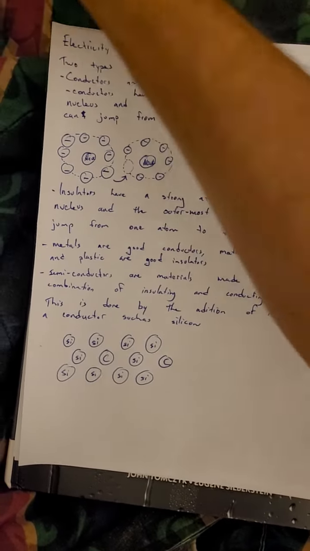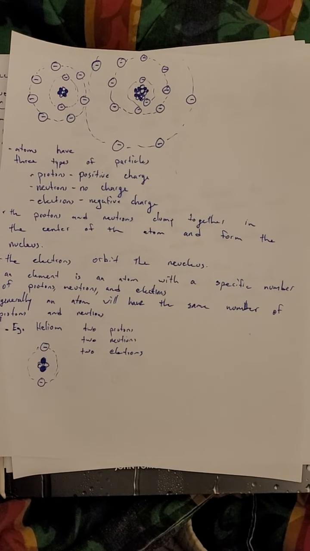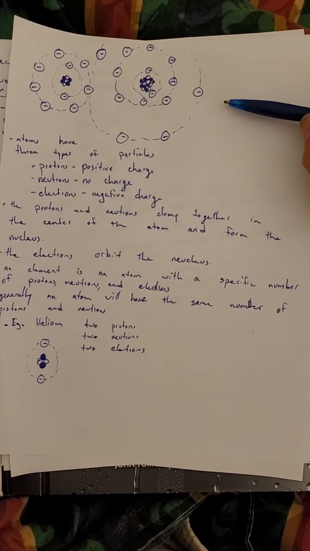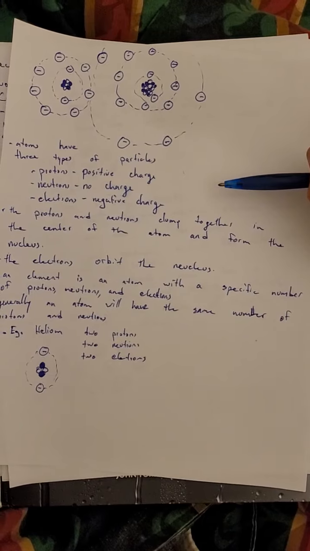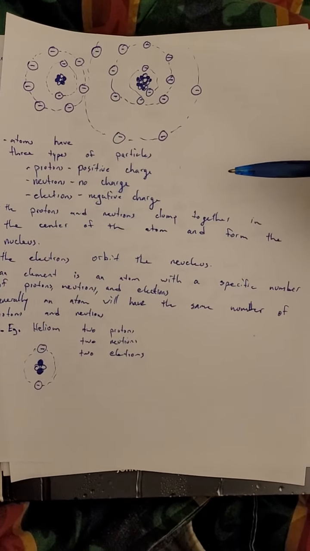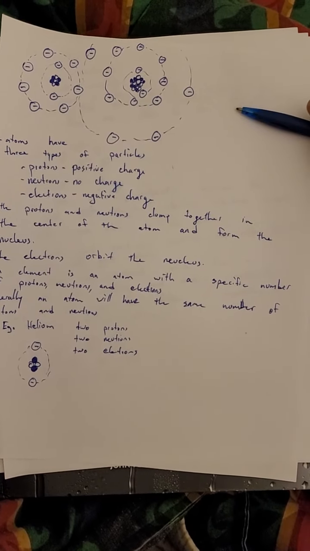By the way, I want to add a footnote to the previous lesson, where we talked about atoms and how they are comprised of protons, neutrons, and electrons. I just wanted to add that atoms are the smallest division of particles, right?